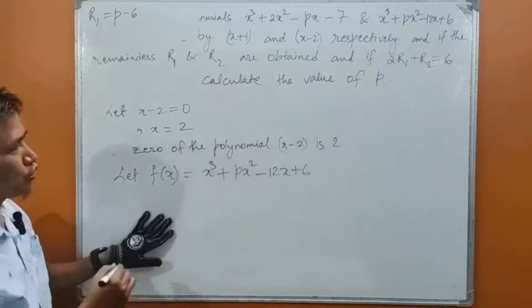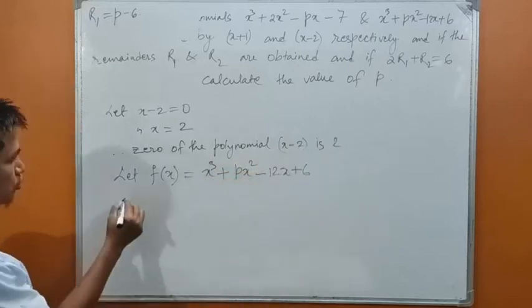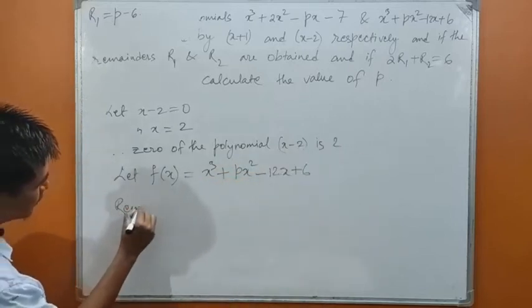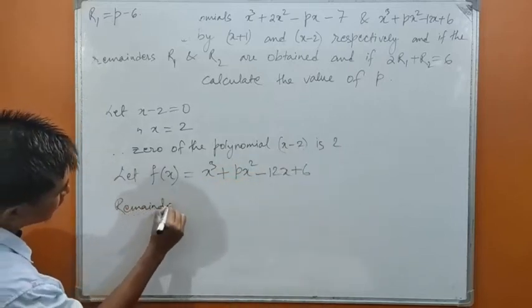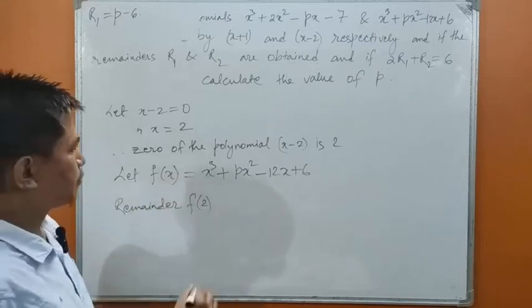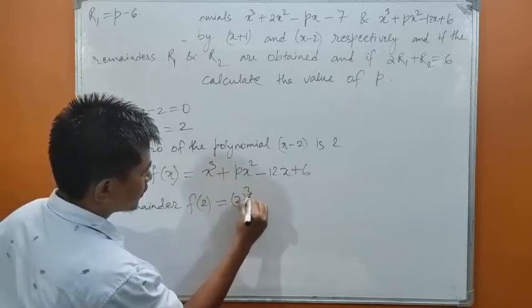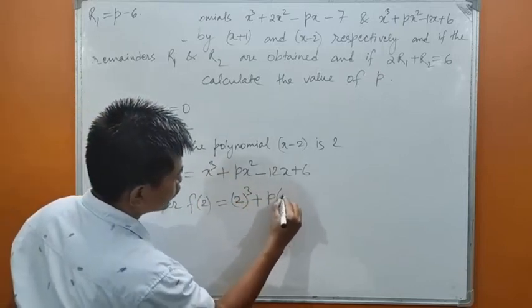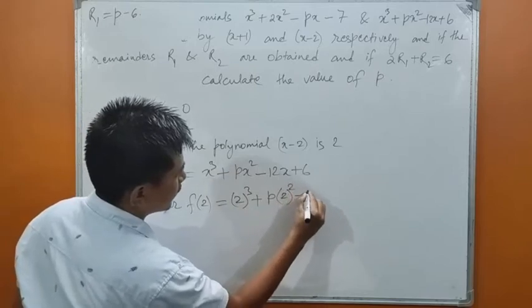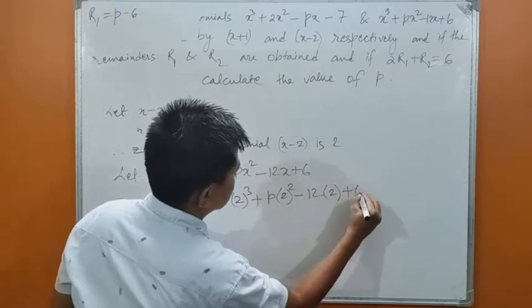Okay. So the remainder will be f(2), because the zero of the polynomial is 2. Wherever we see x, we put 2. X cubed means 2 cubed, plus p times x square means 2 square, minus 12 times x means 2, plus 6, isn't it?